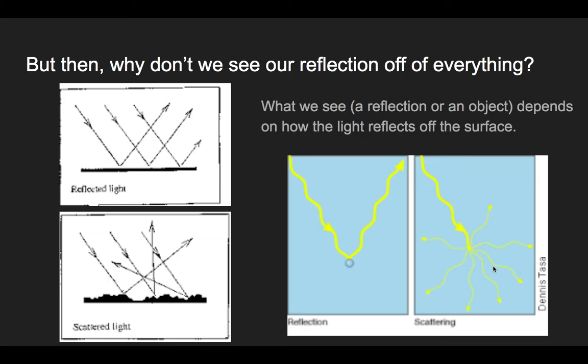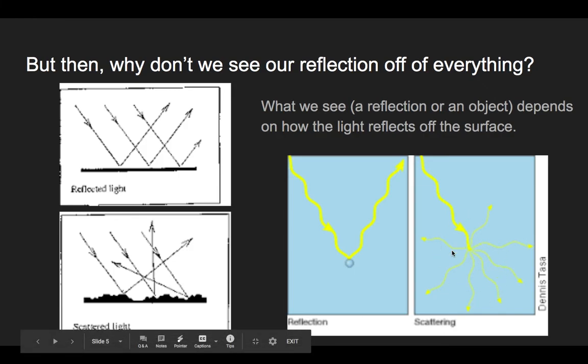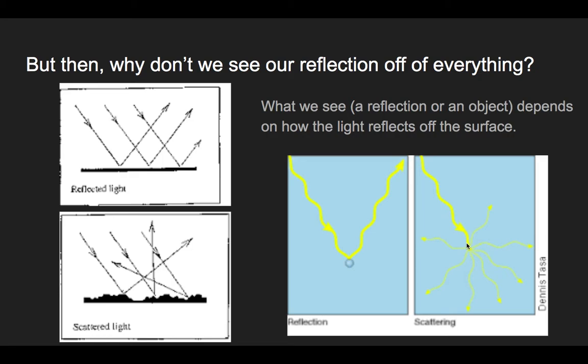So if a surface is scattering light, you see a bunch of light from a bunch of different locations, and your brain can't make an image of something else reflecting off of it. It only allows you to see that object in particular.